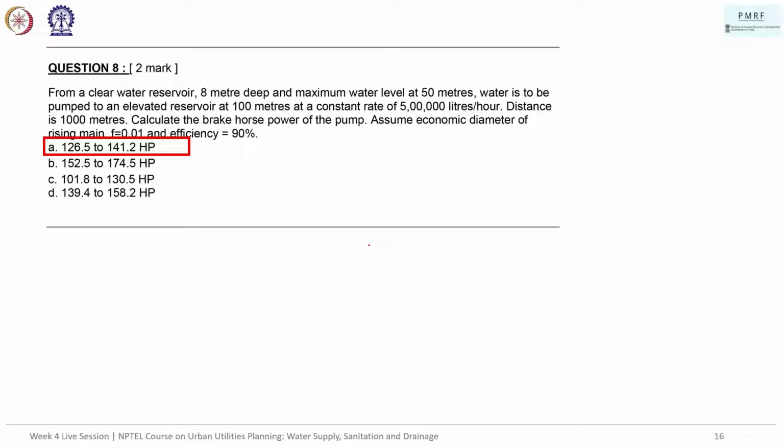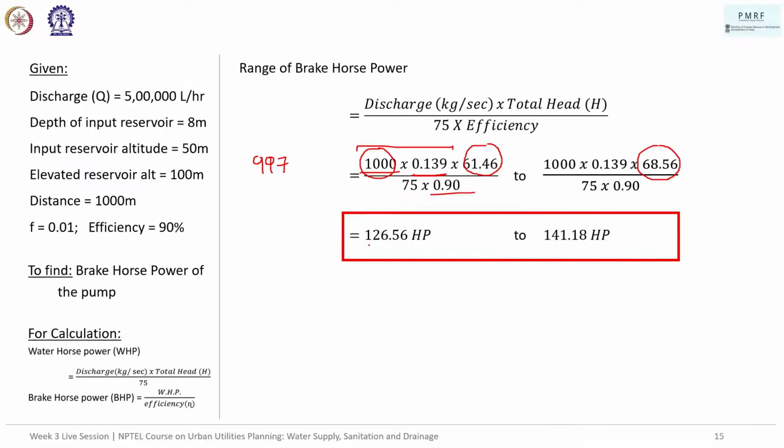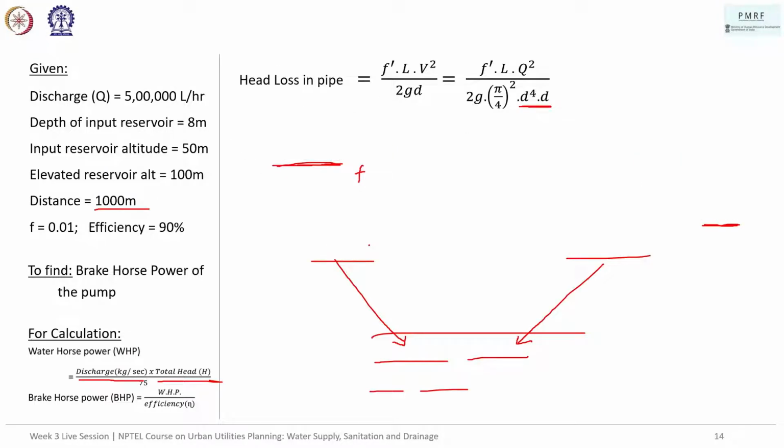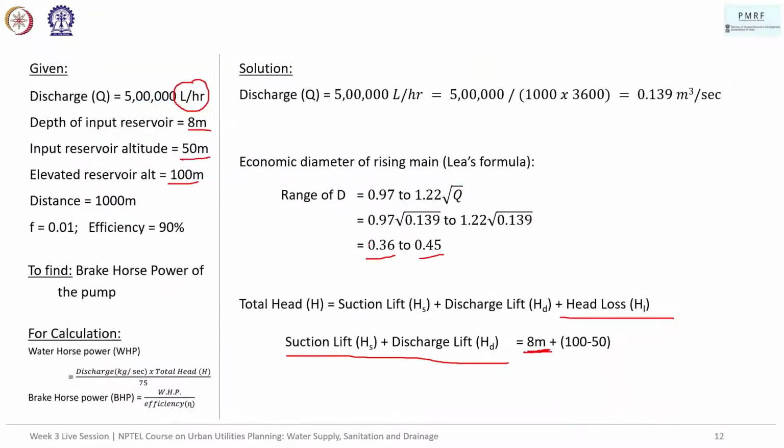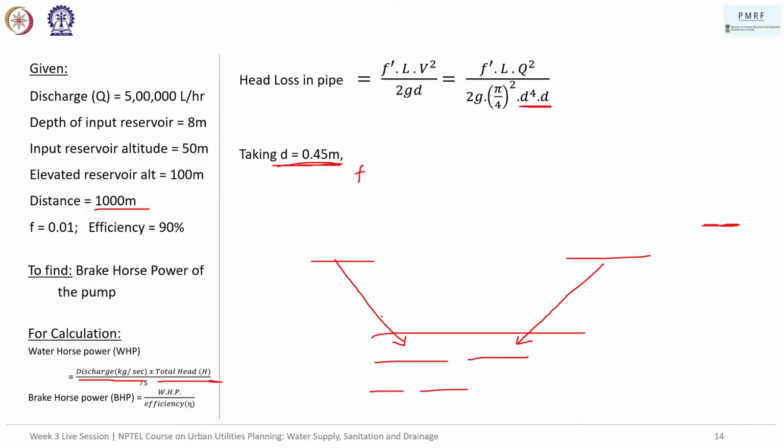Right, so basically, we first calculate the discharge in meter cube per second. Then we find out the economic diameter of the rising main, which will give us a range of values, right? Then we calculate the head loss in the pipe due to friction.